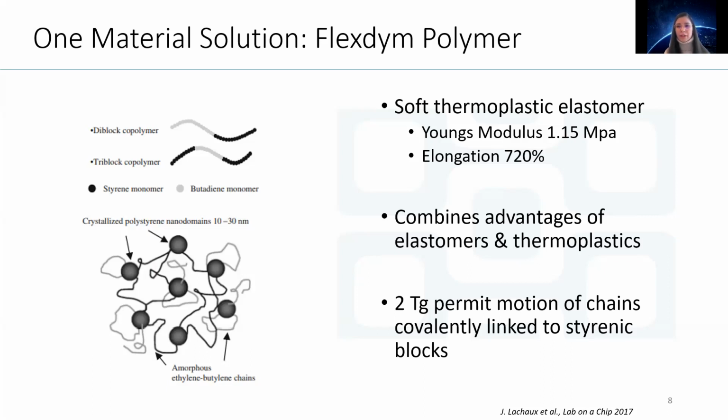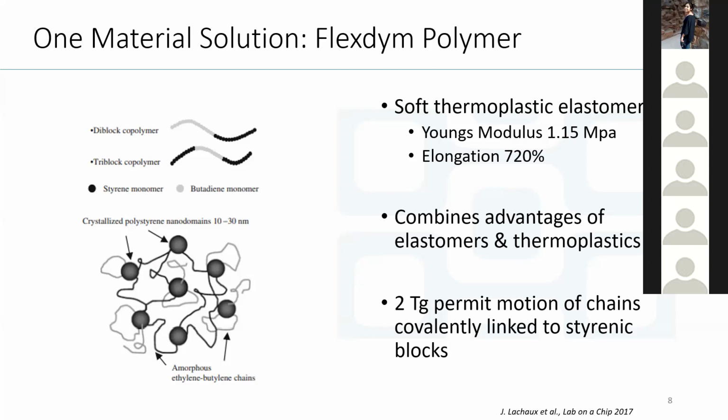And these different components make it so that the material has two glass transition temperatures. So there's going to be one glass transition temperature that is negative, which will allow those polymeric chains of ethylene and butylene to remain in constant motion and give the material its soft elastomeric properties.